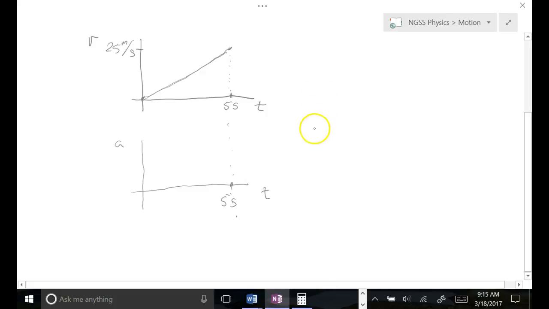So the acceleration is v final minus v initial over the time elapsed. So 25 meters per second minus 0 meters per second over 5 seconds.